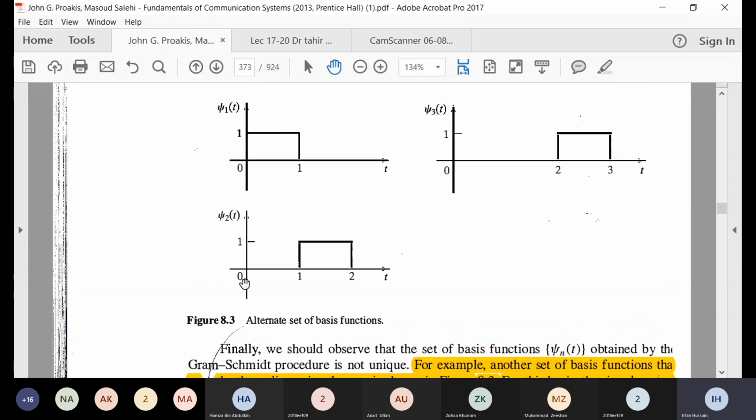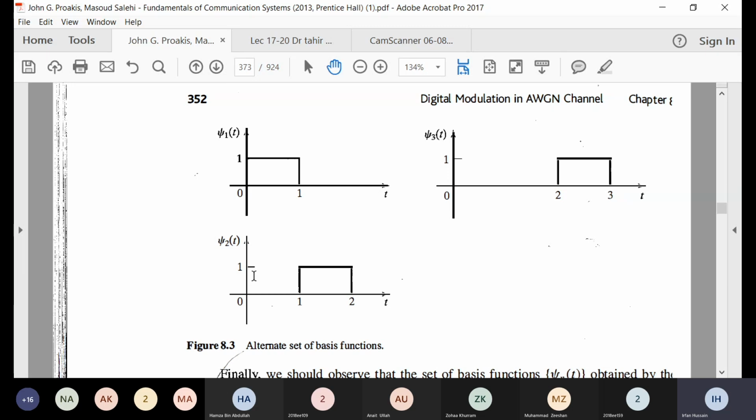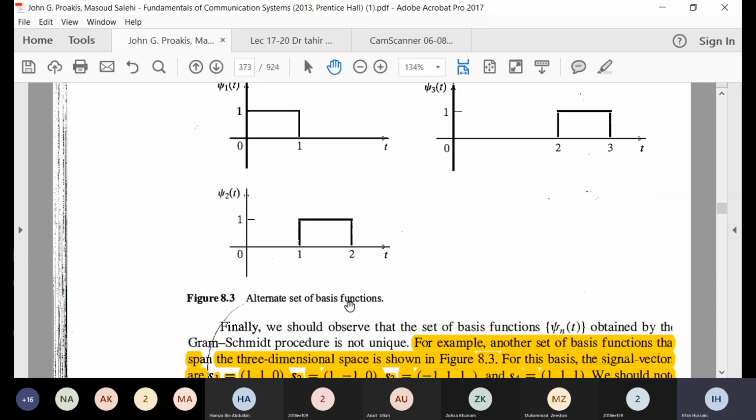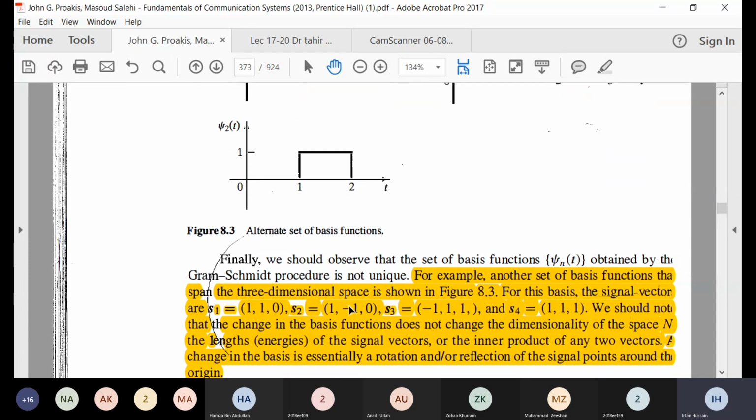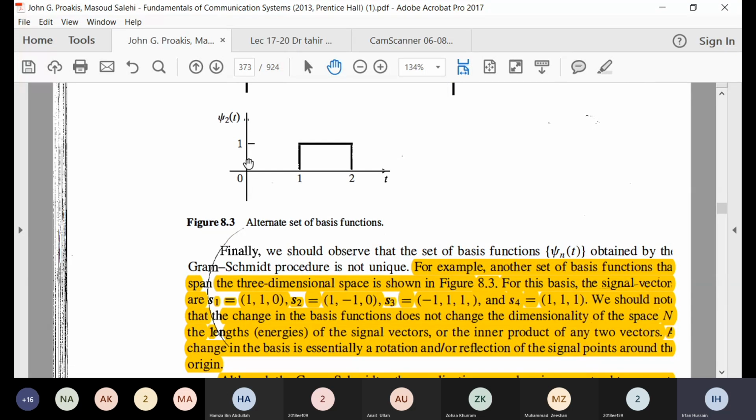Similarly, the projection of S1 onto psi 3 will be 0, because the signal S1 was only up till time 2, and psi 3 is after time 2. Similarly, you can also check the projection of S1 onto psi 2.